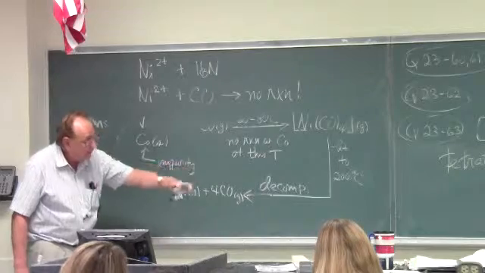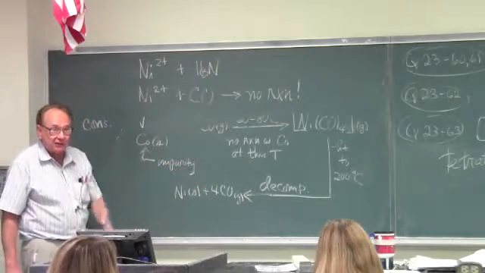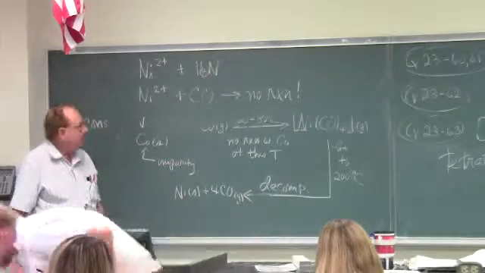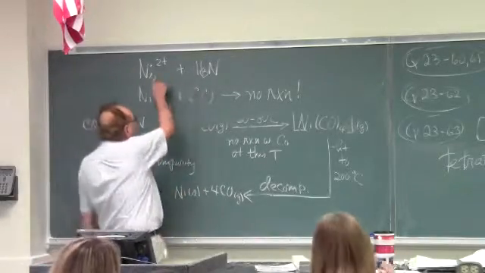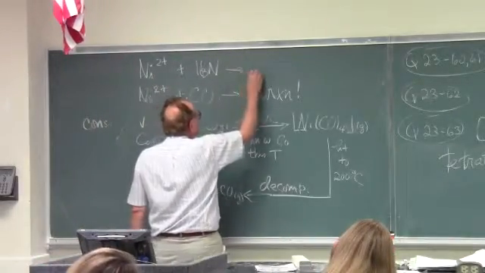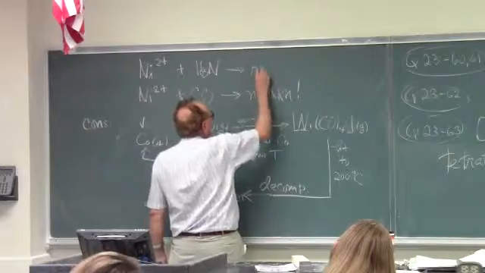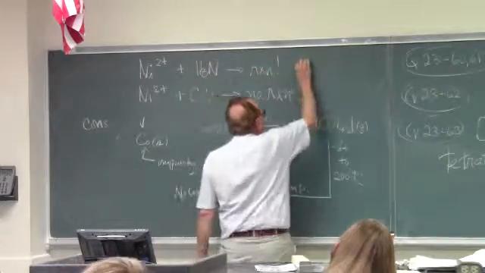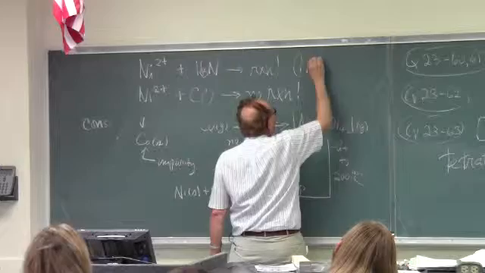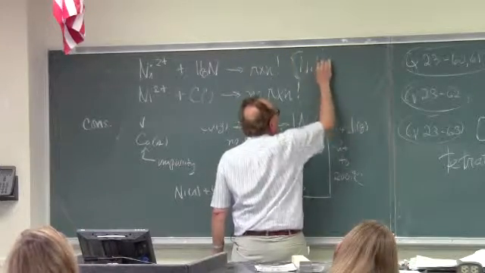And nickel 0 won't react with ammonia, but it reacts with carbon monoxide. Whereas nickel +2 readily makes this stuff, which we'll talk about later on.